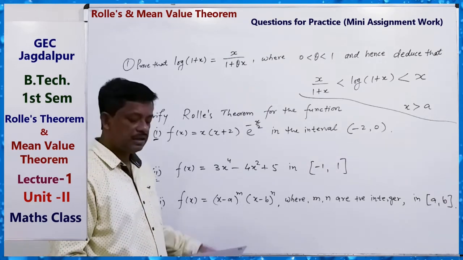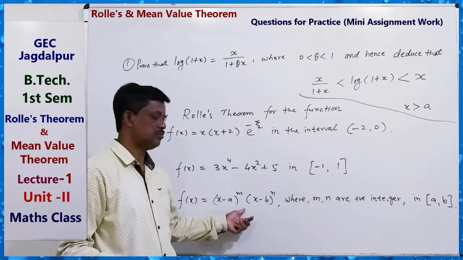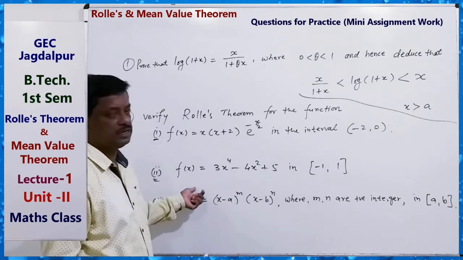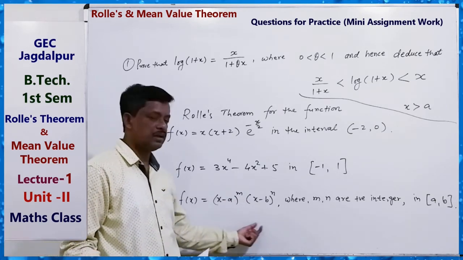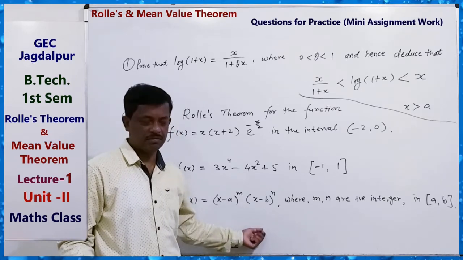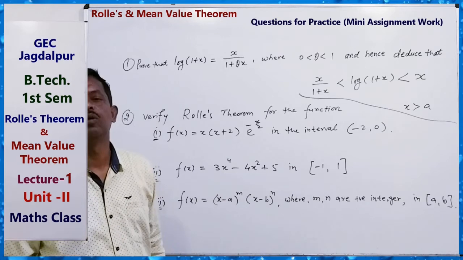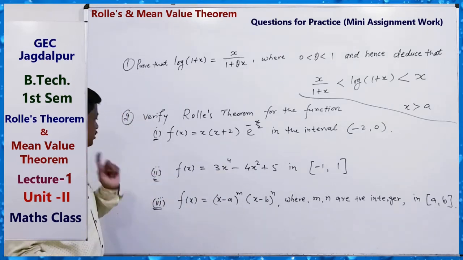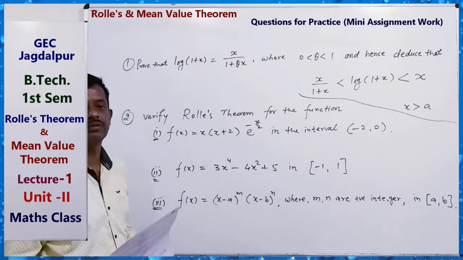And f(a) equals 0 and f(b) equals 0, we can see. So for verification of Rolle's theorem, just differentiate it and find the value of x. That value of x must lie in the open interval (a, b). Then the theorem will be verified. So just do these three questions for verification of Rolle's theorem.